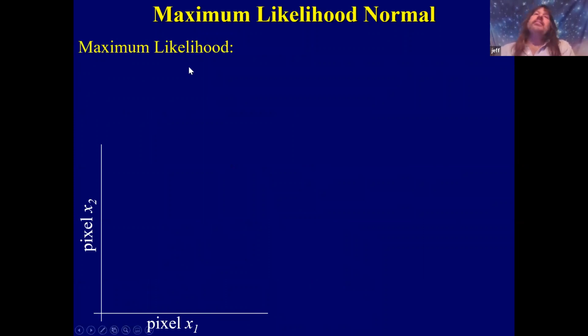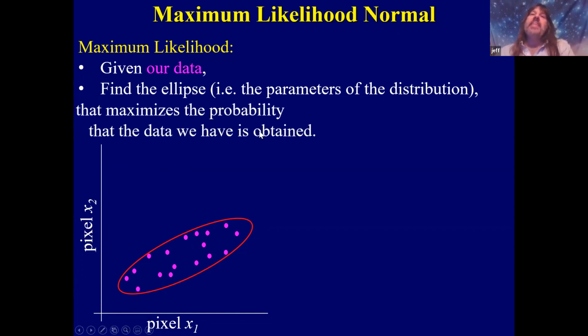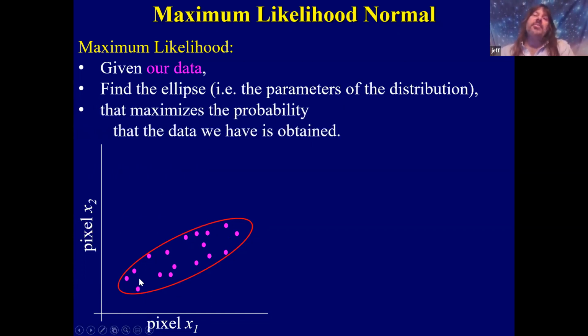So if we were to repeat this again, maximum likelihood, what is it doing? It says we are given our data. Our starting point is that we have this data. And what we do is we find the ellipse, the parameters of our distribution, that maximizes the probability we get this data.